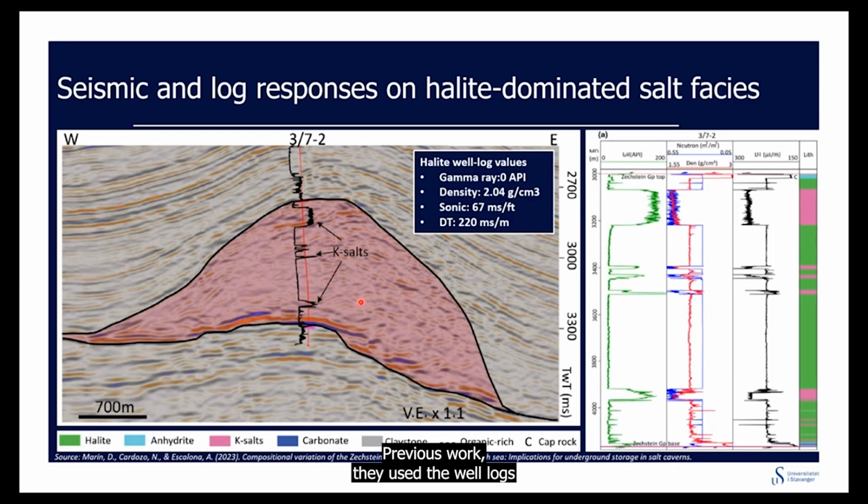In previous work, they used well logs combined with seismic data to show the internal phases of these halide-dominated salt structures. Usually for this halide-dominated salt, they have very low gamma ray, and the density is about 2 grams per cubic centimeter.